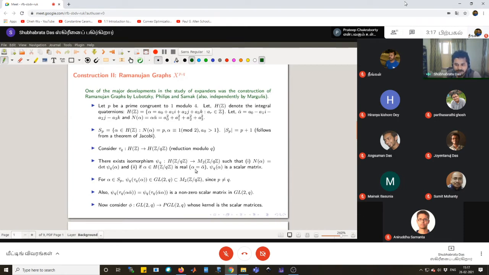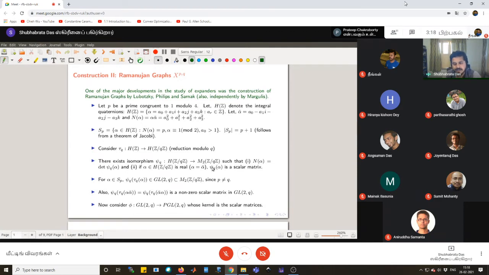Sorry, I haven't mentioned the matrix, the explicit map. So here we consider elements of this type with mod q coefficients in the form of 2 by 2 matrices.